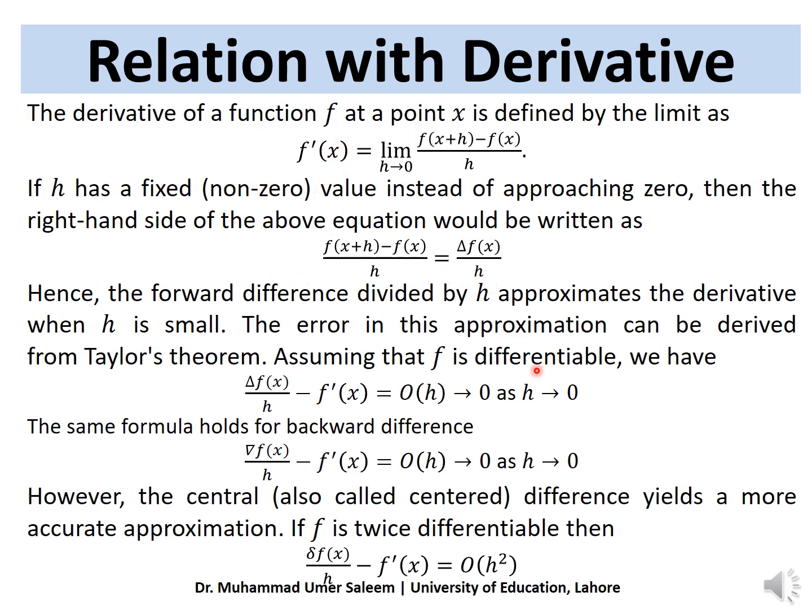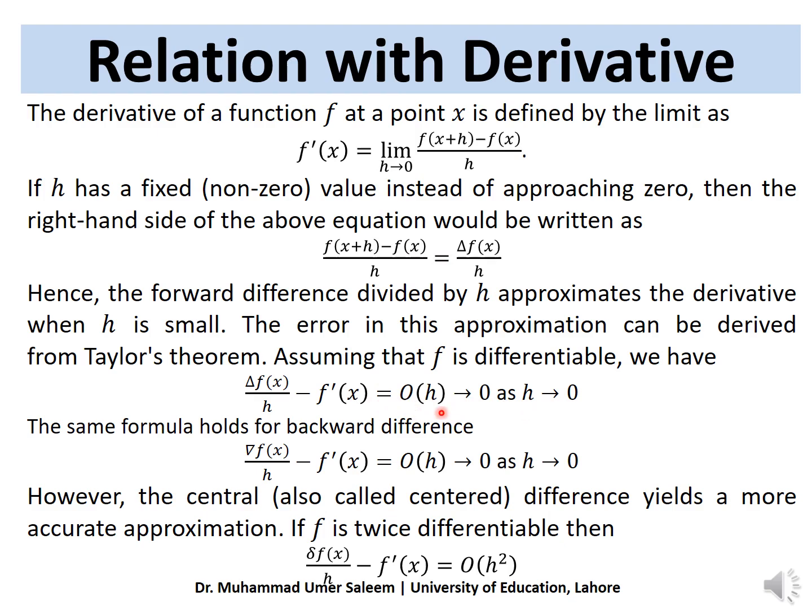The error in this approximation can be derived from the Taylor series theorem. Assuming that this function f is differentiable, you can easily see by using Taylor series expansion, in fact the Taylor series theorem, del f of x over h minus f dash x is equal to, because when you are approximating there will be error. So in this case the error is of order h, and this error approaches 0 as h is very small.